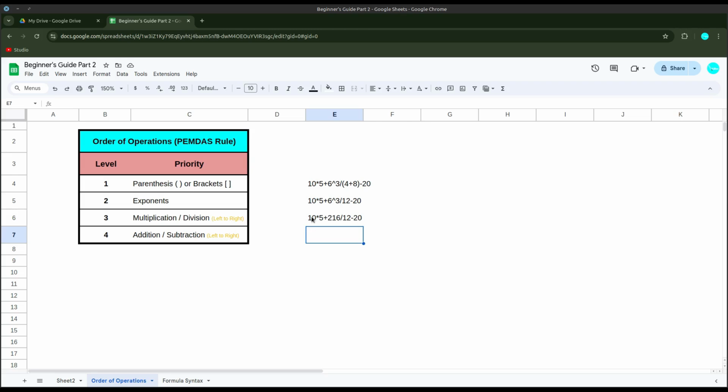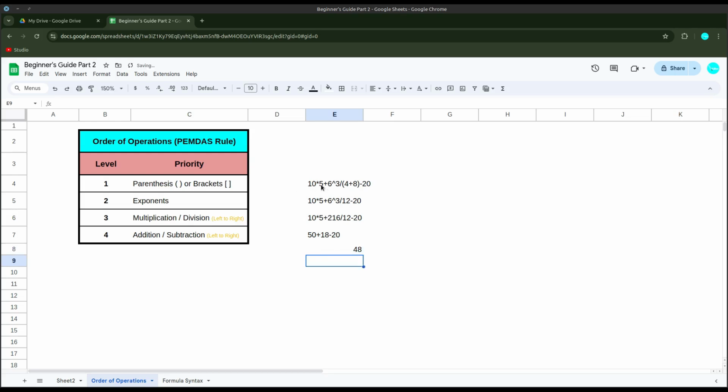So we can start with this multiplication: 10 times 5 is 50, plus 216 divided by 12, which makes 18, and minus 20. Now we have addition and subtraction at the same level, so we go from left to right again. 50 plus 18 makes 68, and minus 20, we get 48.